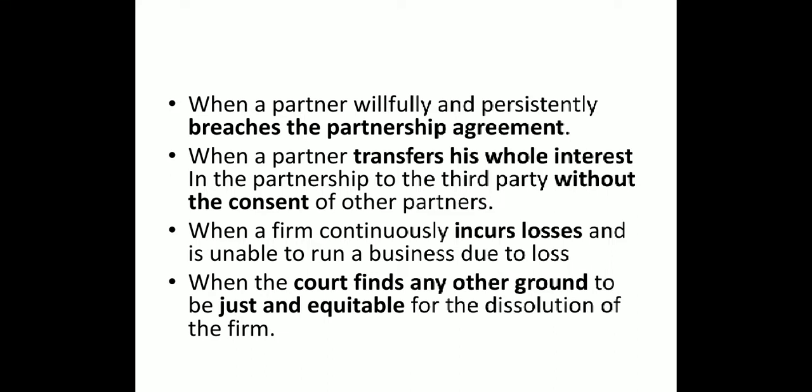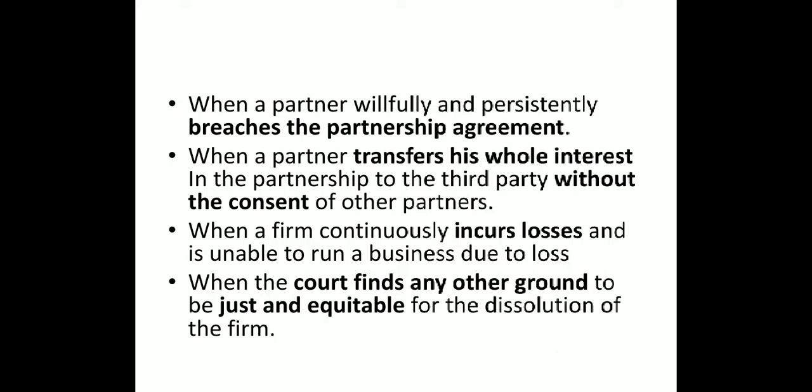Next, when a partner transfers his whole interest in the partnership to a third party without the consent of other partners. Say for example, there are three partners, A, B and C, working together in a partnership firm. You know very well, once you work together, the decisions are to be taken mutually, with mutual understanding and with the consent, that is permission, of all.